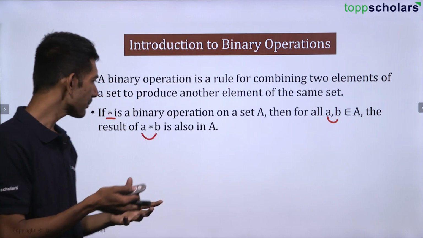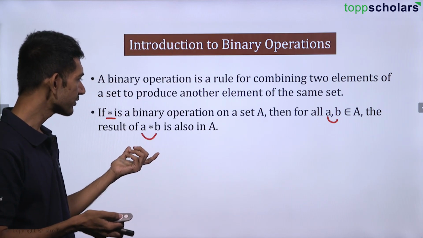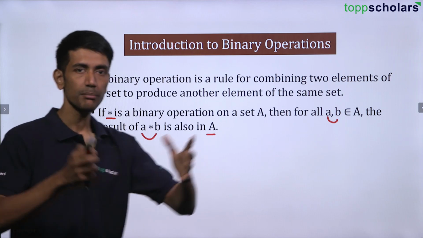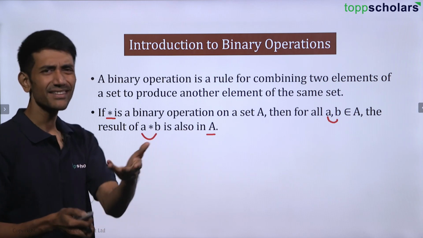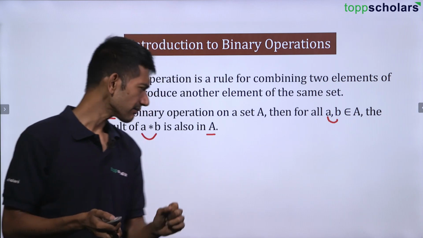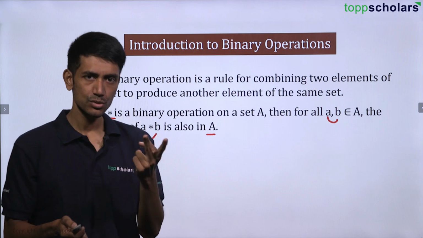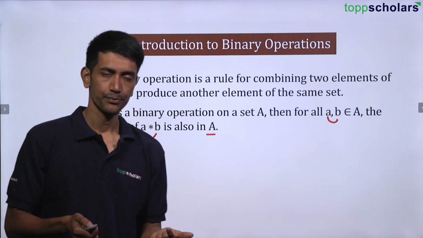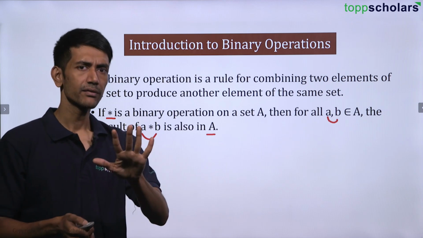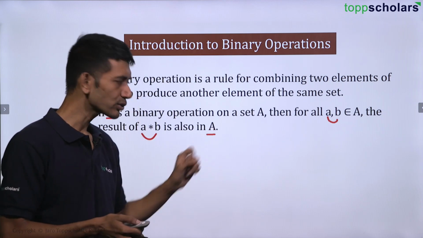So as simple as that, if a and b are two elements and A is some big set, suppose A is the set of natural numbers, and a is 2 and b is 3, and I take this operation as addition, 2 plus 3 is 5. So can I say 5 also belongs to A?